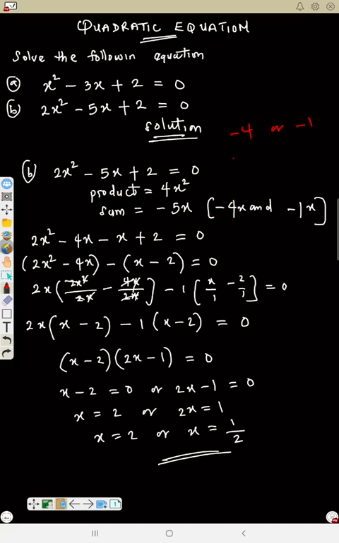Minus we change to plus, that will be plus 4, or this one too will change to plus 1. Now look at this, there is a coefficient of 2 here. Since there is a coefficient of 2, divide the two numbers by 2. So that means x is equals to 2, or x is equals to 1 over 2, which is the same as this. So that is the short method.